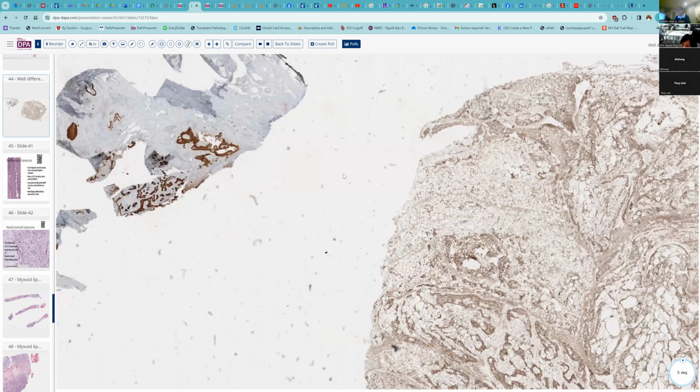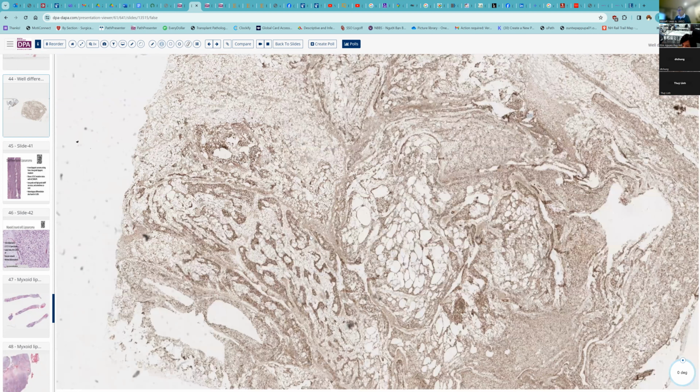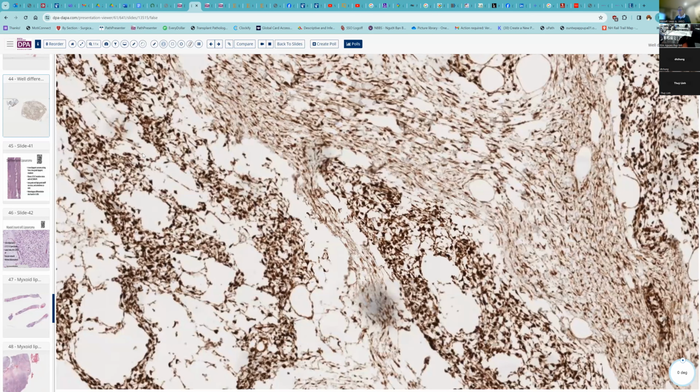And here is this myxoid retroperitoneal lesion with, as we look down here, a lot of nuclear positivity in almost all of these cells. So you shouldn't see that in a myxoid liposarcoma or in a myxoid lipoma. That should not be seen. So this is pretty strong evidence that this is going to be a well-differentiated liposarcoma with myxoid changes.